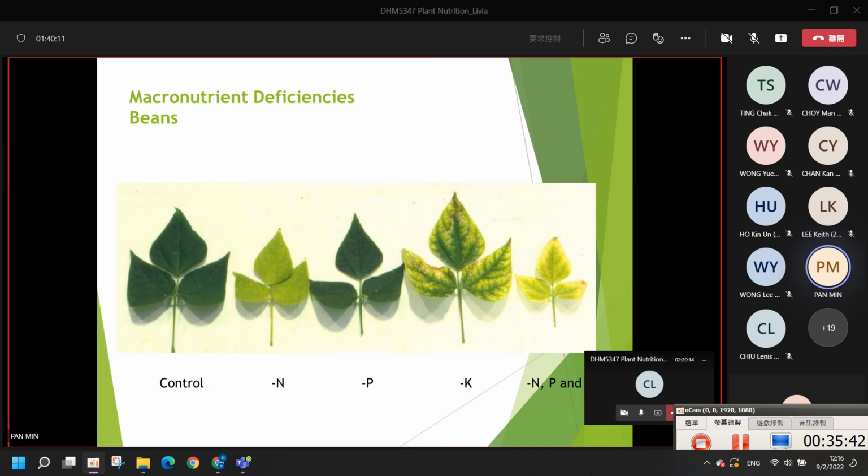You can see that the control is like this, and a much lighter green color for the nitrogen deficiency, and a purplish color, the dark green color for the phosphorus deficiency.